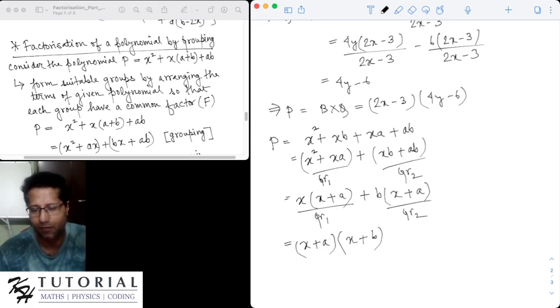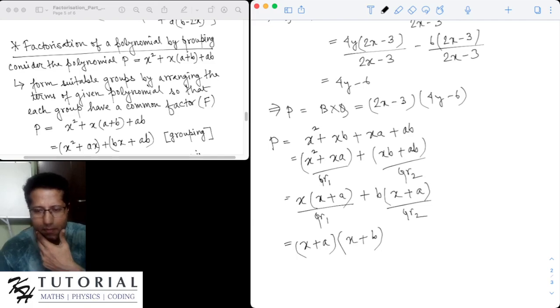That is, from a given polynomial, you won't find that all the terms have a common factor as a monomial. You will also find that all the terms do not have a common factor as a binomial. But if you form groups of terms, if you take suitable terms to form a group, then you will see that each of those groups will have a common factor, and that common factor will usually be a binomial.